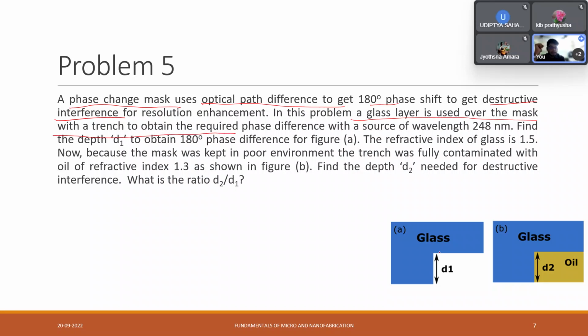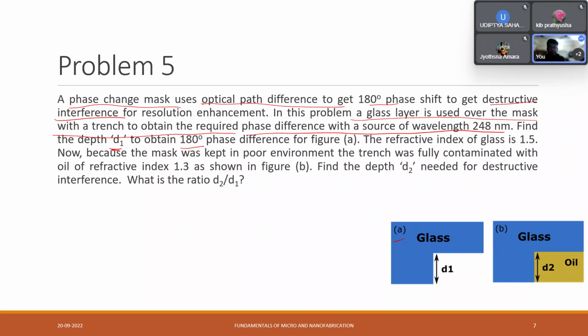The trench looks kind of like a step. To obtain the required phase difference with a source of 248 nanometer, lambda is given as 248 nanometer. You have to find the depth D1 to obtain a 180-degree phase difference for figure A. The refractive index of glass is given as 1.5.